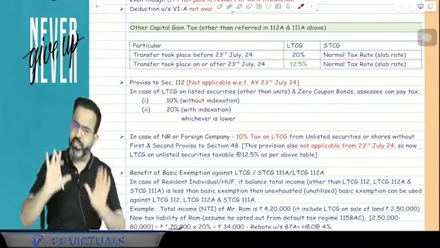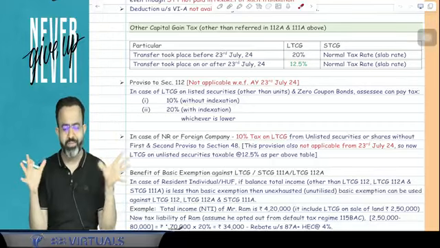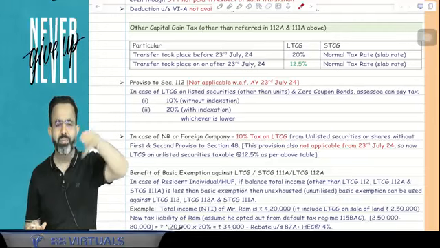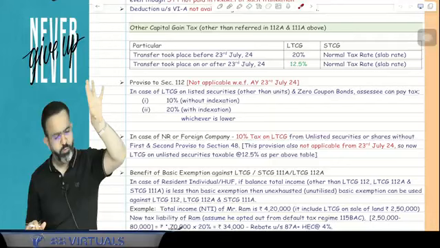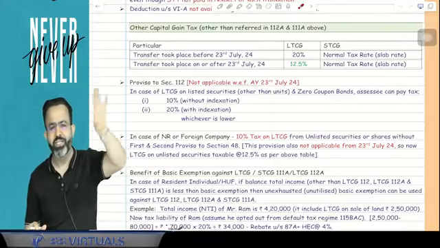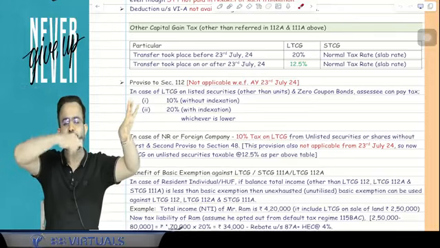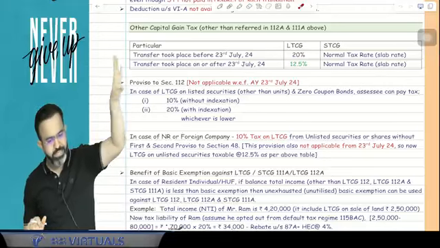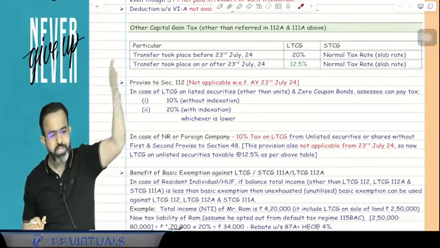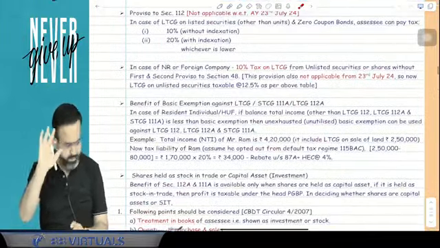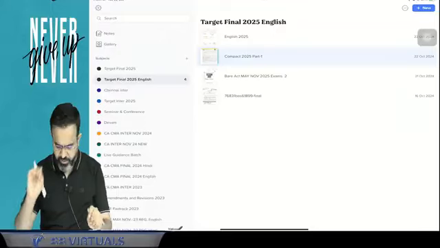Okay, so your book is correct, it is very much amended, meaning after the budget was passed. This amendment was made by Nirmala Sitharaman in the Finance Act, not in the Finance Bill. In the Finance Bill, indexation was totally removed, but in the Finance Act, they have included the indexation. So I will show you the page, which page you are having. Give me a minute.